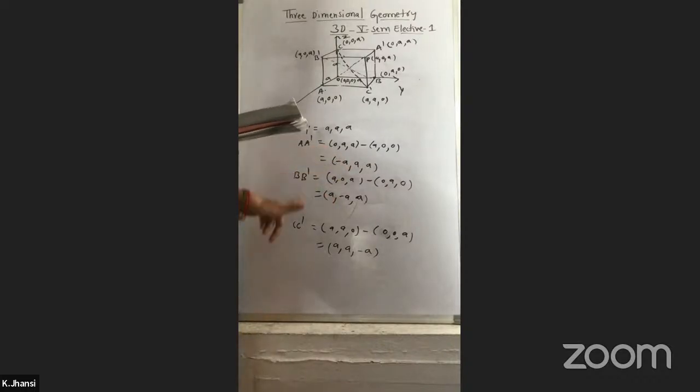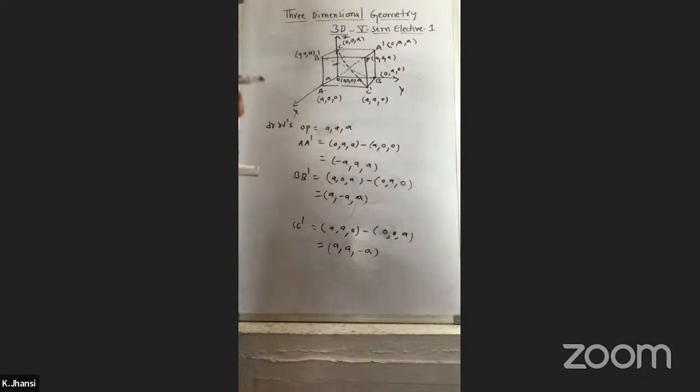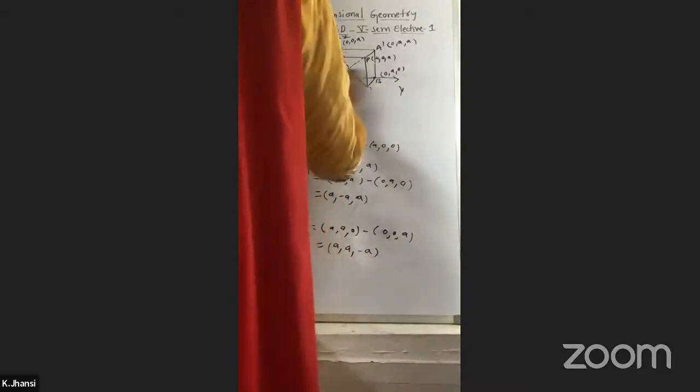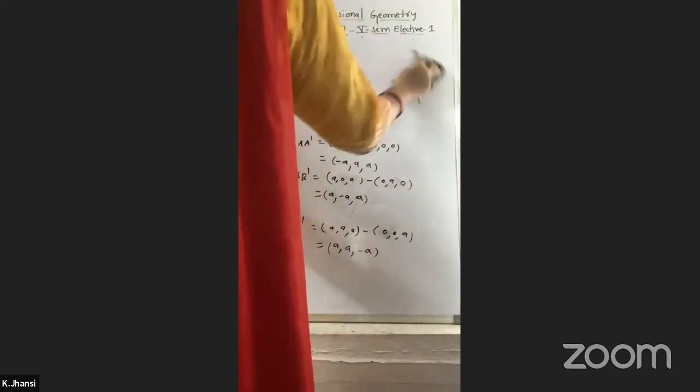So minus A divided by the square root of minus A whole square plus A square. So what will you get? A divided by root 3 A square, no? Each element divided by that one. So no need of a diagram. So these are the direction ratios.